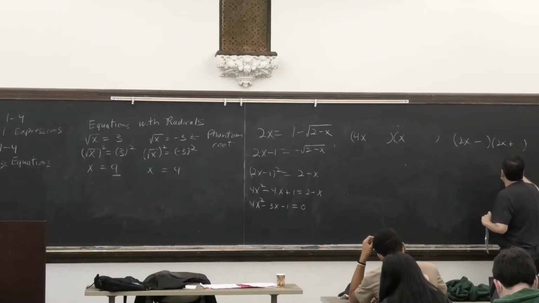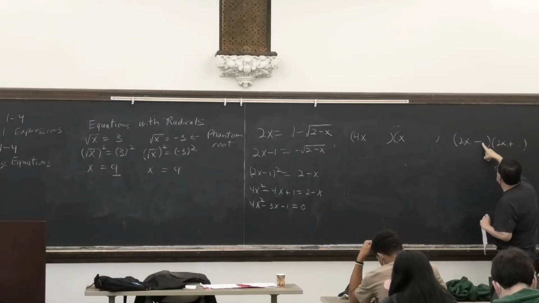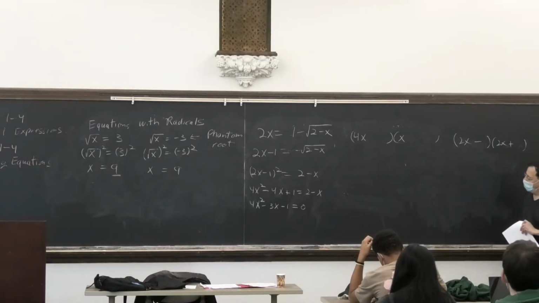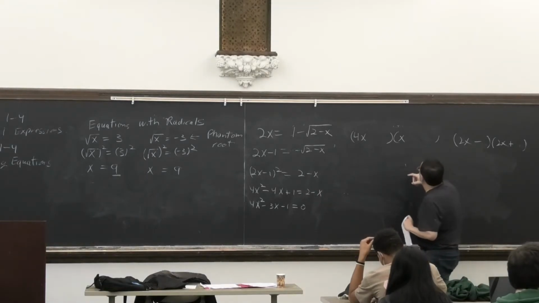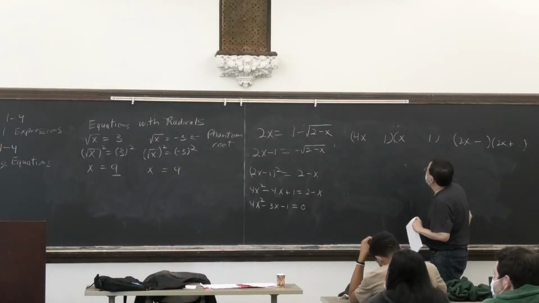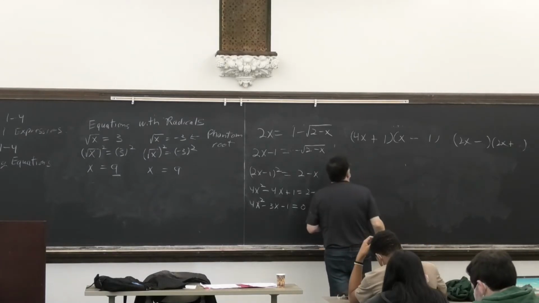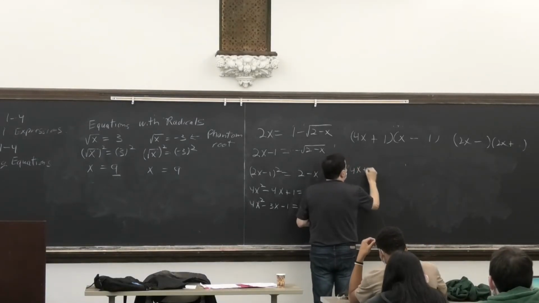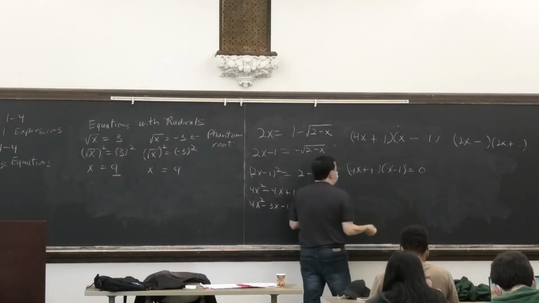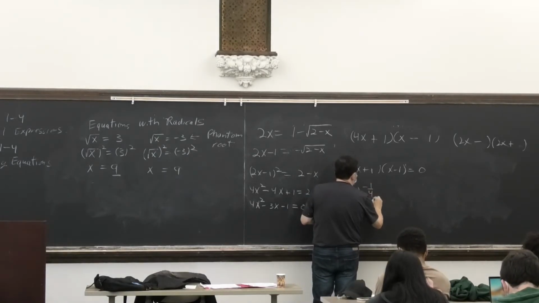So now the question is, where's the plus and where's the minus go? Looks like the minus goes here and the plus goes here. Okay. So I have 4x plus 1 times x minus 1 equals 0. And that, of course, tells me my roots are 1 and negative 1/4.